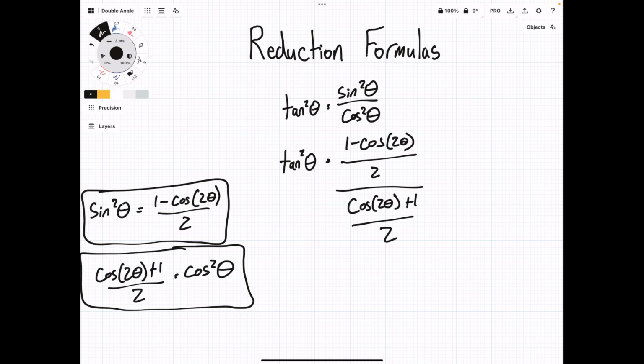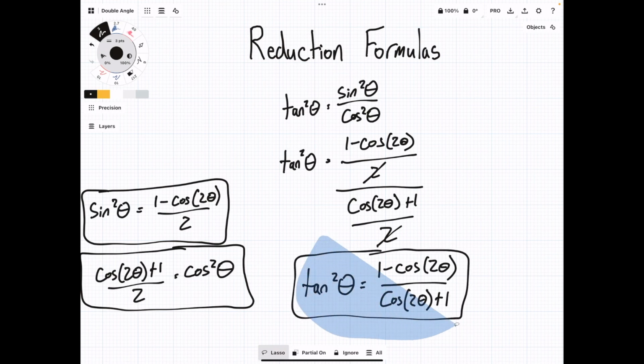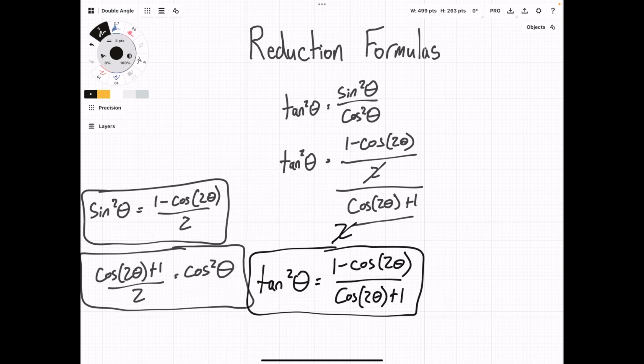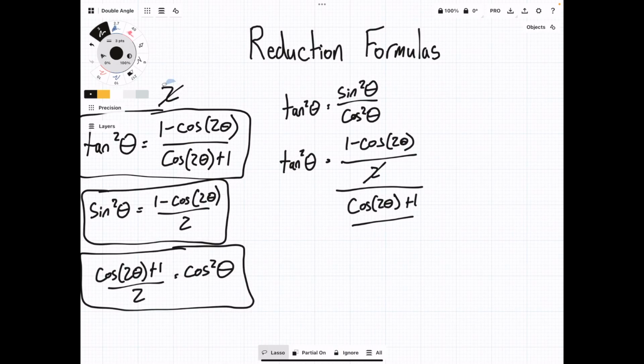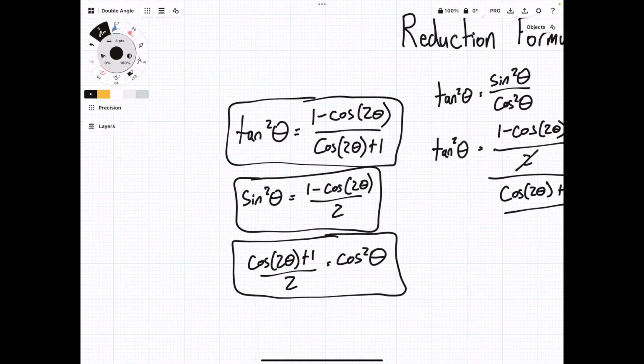And here the trick is that these 2's cancel out, and then we're left with tan squared theta equals 1 minus cosine of 2 theta over cosine of 2 theta plus 1. And this here is our third reduction formula. So whenever we encounter these higher power trig functions, we can replace them with something that is a little bit more manageable.